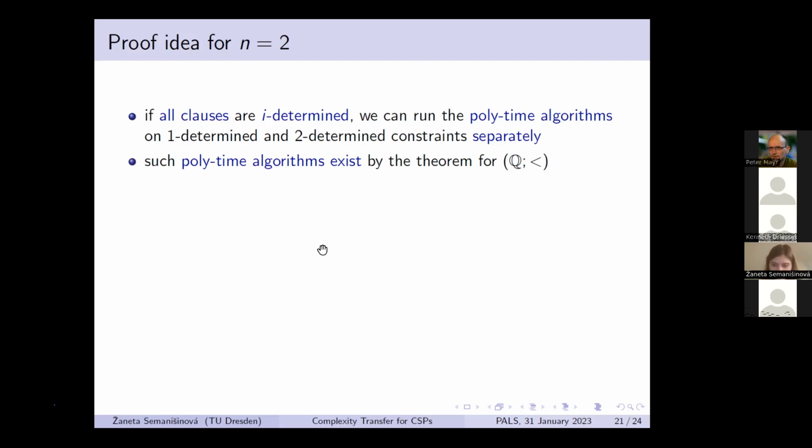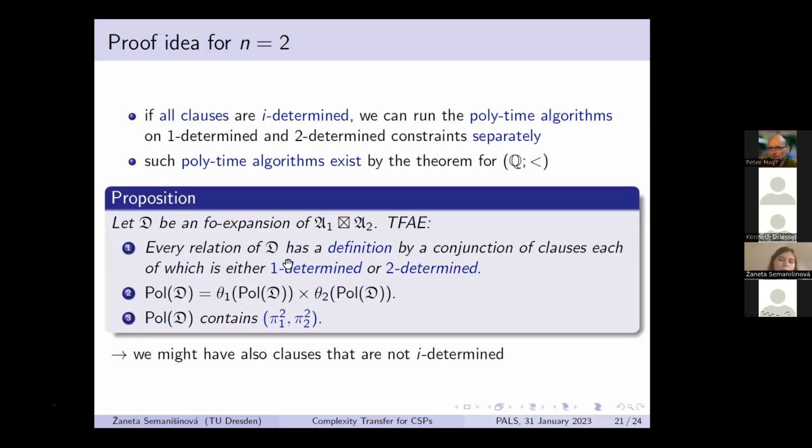And so for the situation when the relation has such a nice definition, we actually managed to understand this in terms of polymorphisms. This is not a hard proposition to prove, and it even holds for general algebraic products.